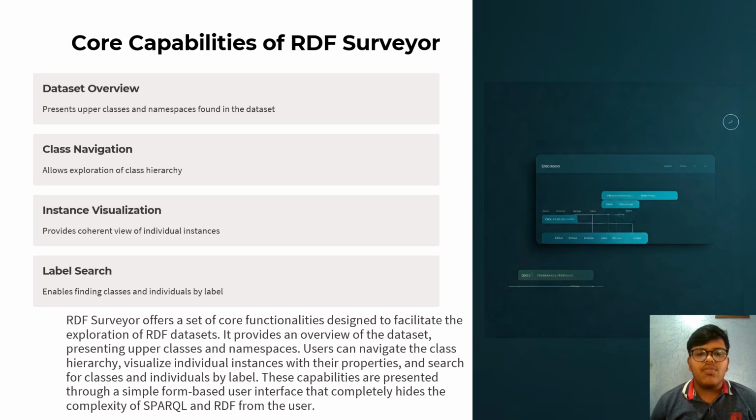It provides an overview of the dataset, presenting upper classes and namespaces. Users can navigate the class hierarchy, visualize individual instances with their properties, and search for classes and individuals by label. These capabilities are presented through a simple form-based user interface that completely hides the complexity of SPARQL and RDF from the user.